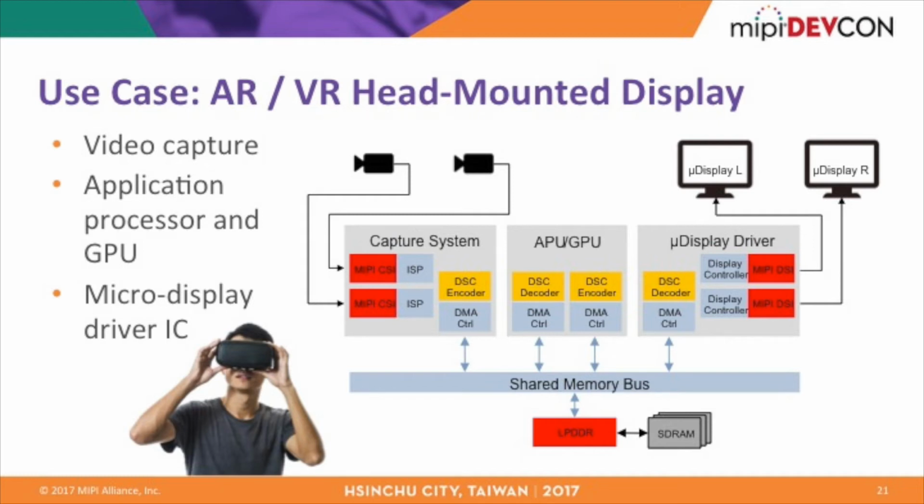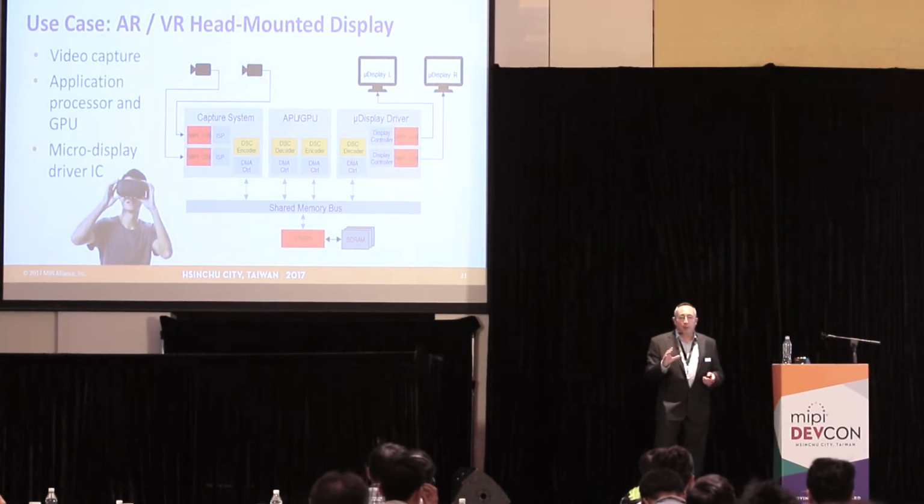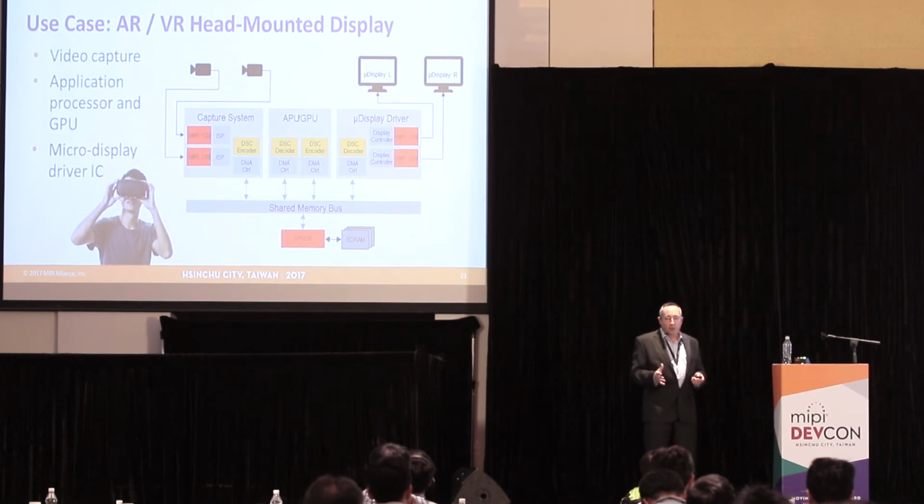For those reasons, if you increase the frame rate and the spatial resolution, it becomes very challenging in terms of bandwidth. So having DSC technology and working in the compressed domain for this application, I think, is a must for the future.